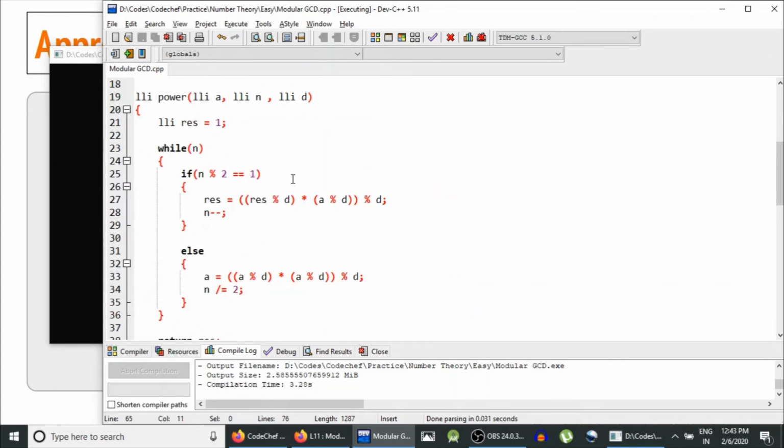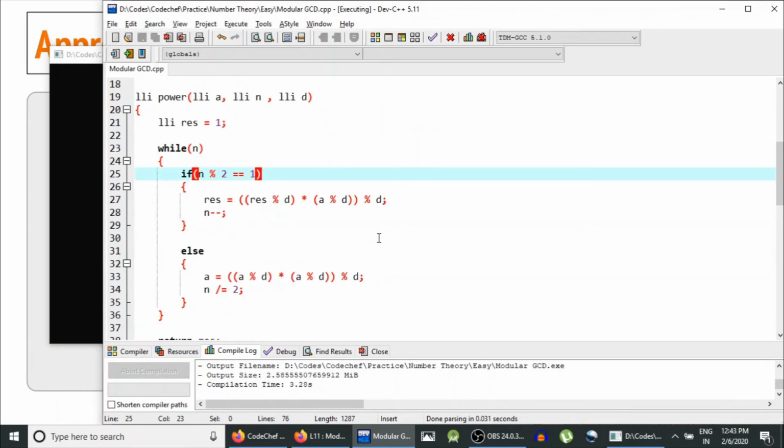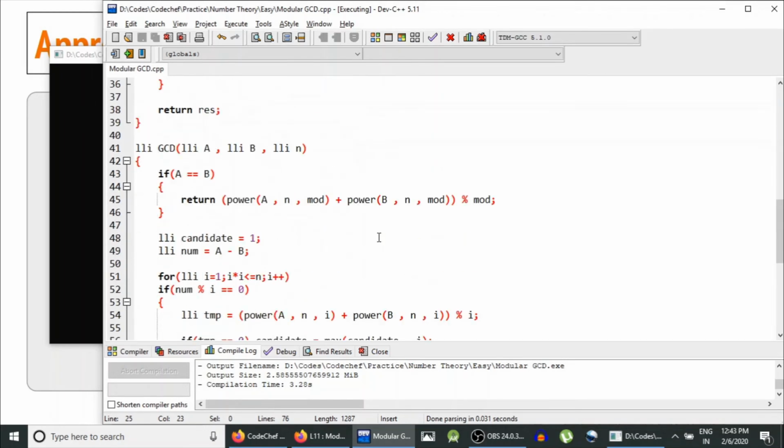So if n is odd, result is equal to result into a, which is good. Otherwise a is equal to a into a, and then finally return the result a raised to power n modulo d, which is good.